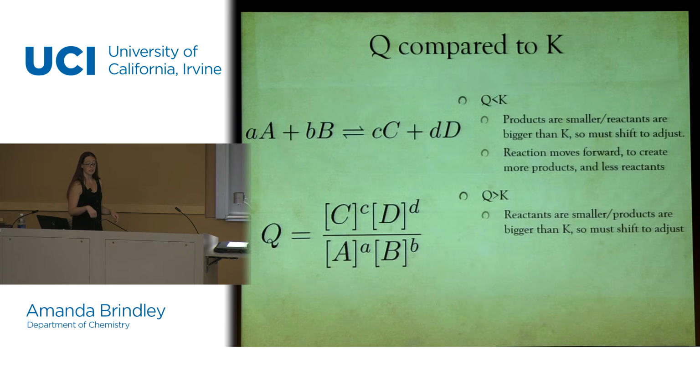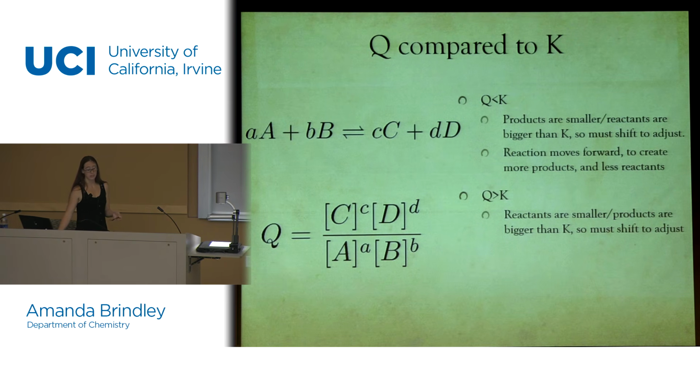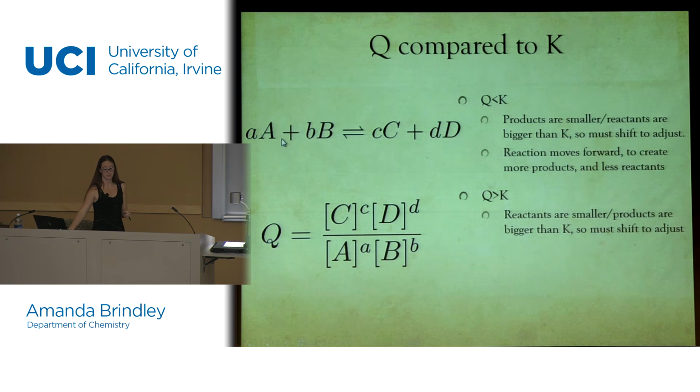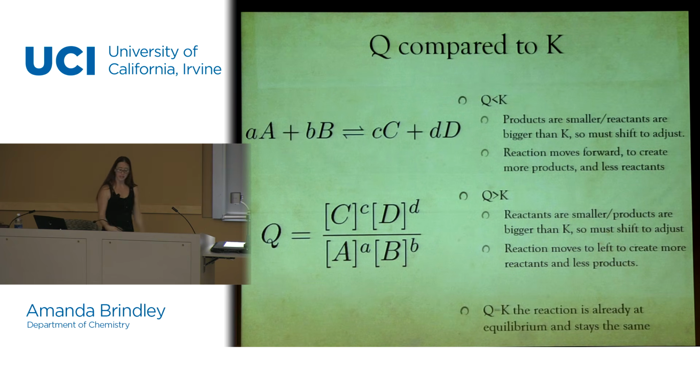So if you want Q to equal K, and right now it's bigger than K, you want to lower that number, you need to lower the amount of the products. So which way are you going to shift, right or left? You want this number to be lower, so you need to shift away from it, so it's going to shift left. Now, if Q is equal to K, you're already at equilibrium, so you're done. You're just there.